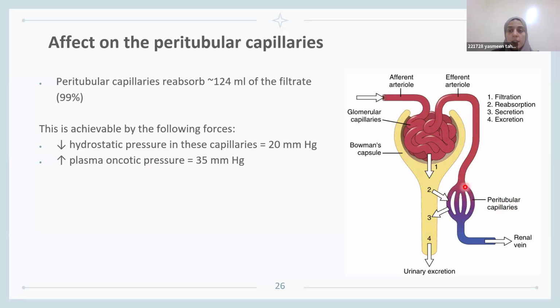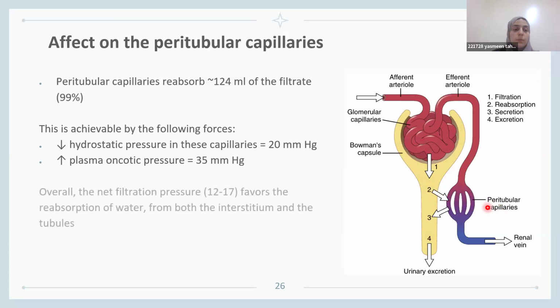And in this case, here it was kind of a negative effect on GFR, but in this case, because the peritubular capillaries' job is to reabsorb, the high oncotic pressure is helping it reabsorb more. And it's absorbing from both the interstitium and the tubules. And again, there's a net filtration pressure here.